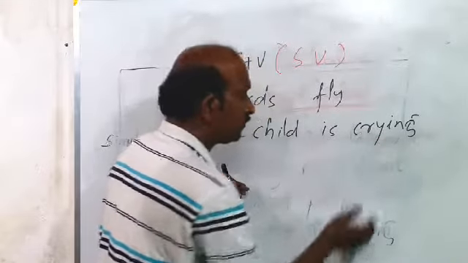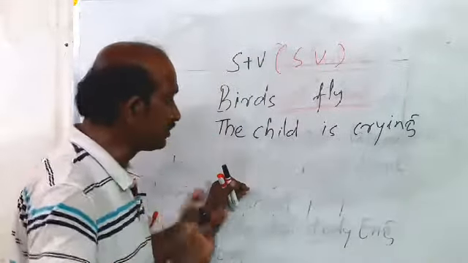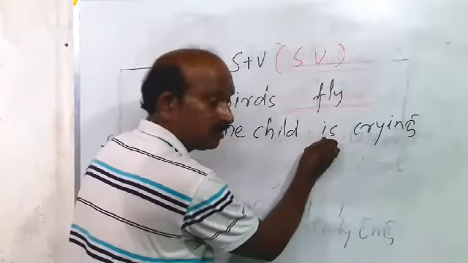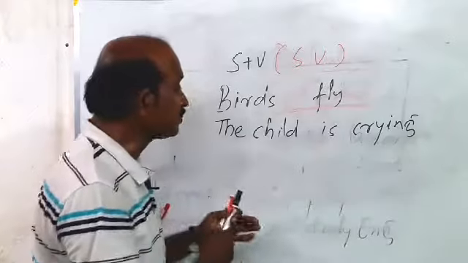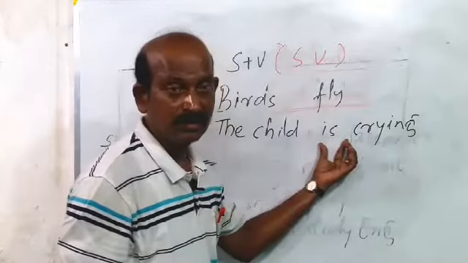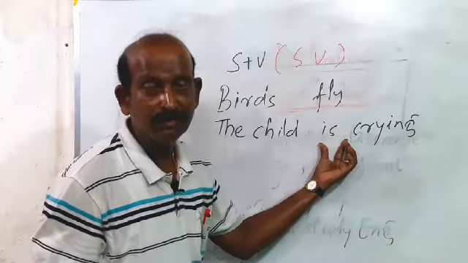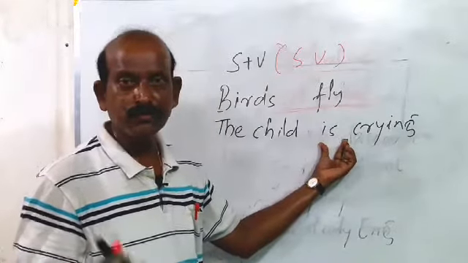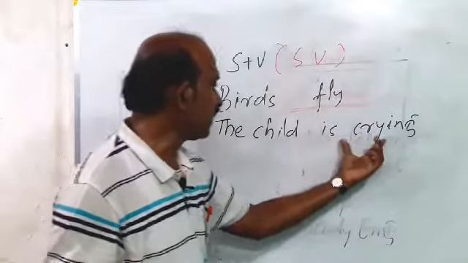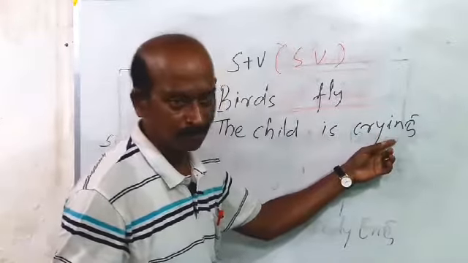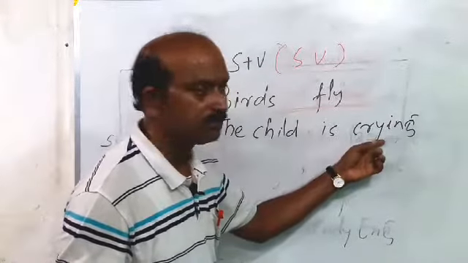In class 9th you have studied that this verb is called an auxiliary verb or primary auxiliary, and there is also the modal auxiliary, which has been taught to you. Is is the auxiliary verb, crying is the main verb.